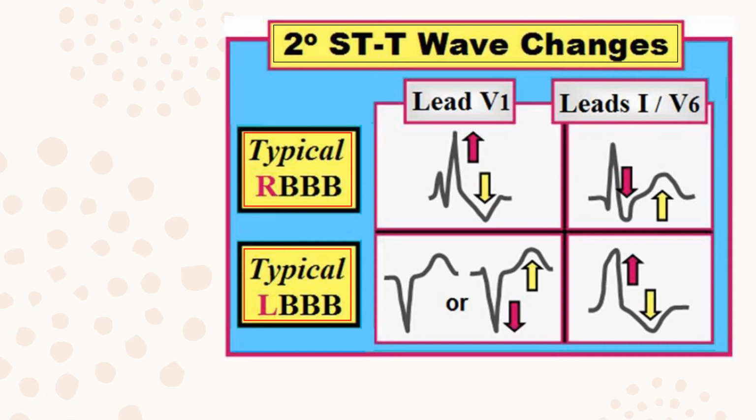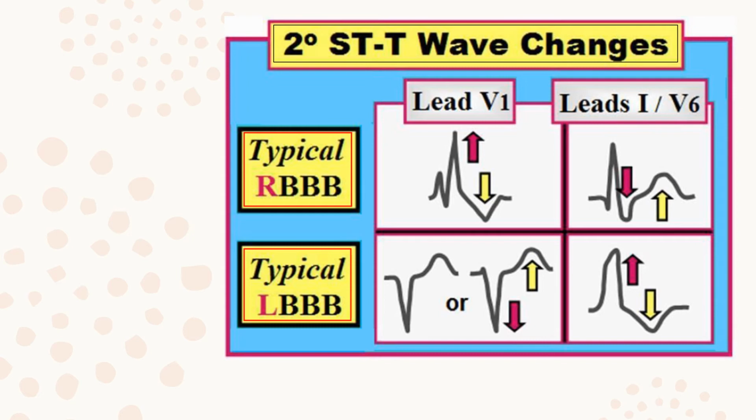So what does that mean? It means it also alters repolarization. And so what we see is that the repolarization, the T wave and the ST segment, are also altered.